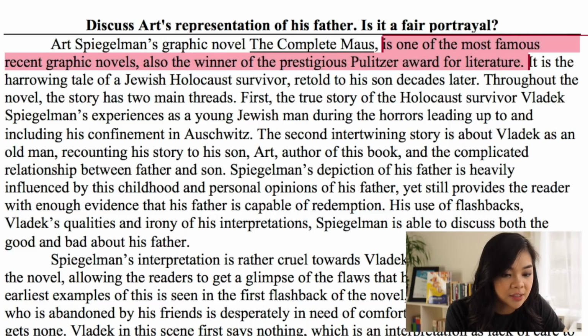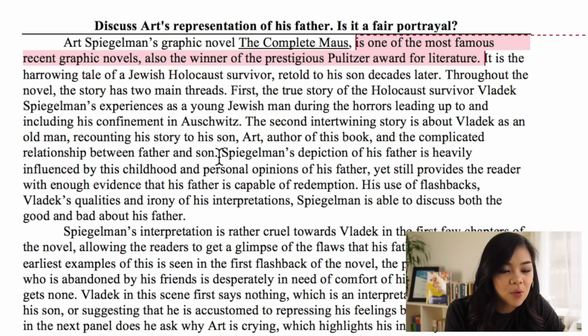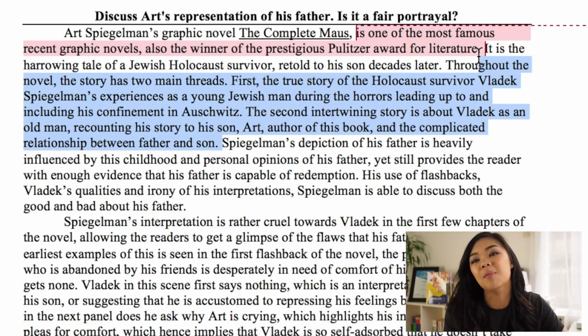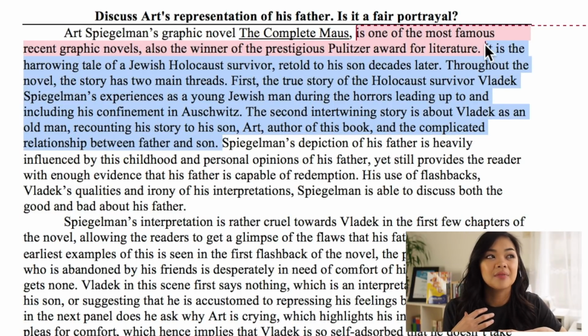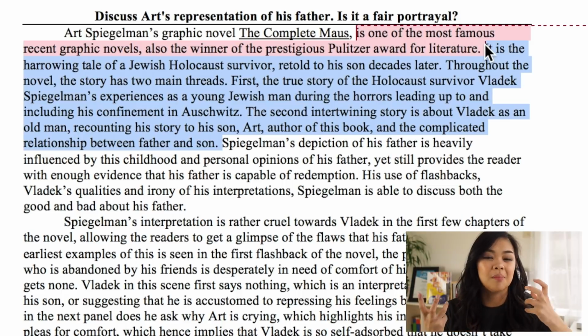The second intertwining story is about Vladek as an old man recounting his story to his son, Art, author of this book, and the complicated relationship between father and son. Okay, so what I'm gathering here is more of a this is what the book is about. It's really just a summary of the book and how there's two parts to it. But this is something that you don't actually need to tell your teacher or examiner.